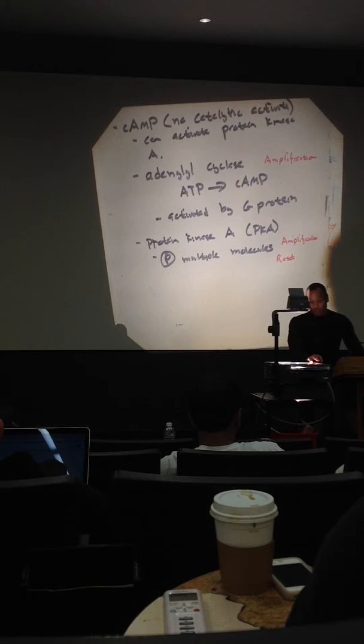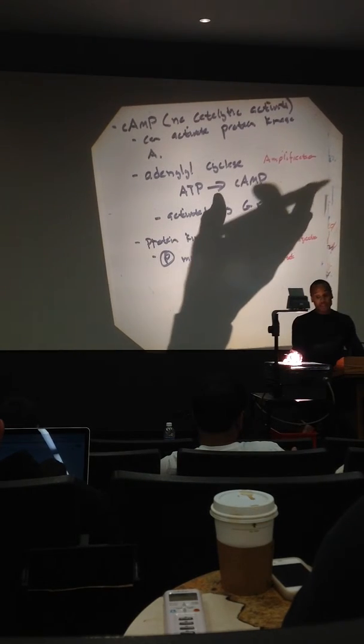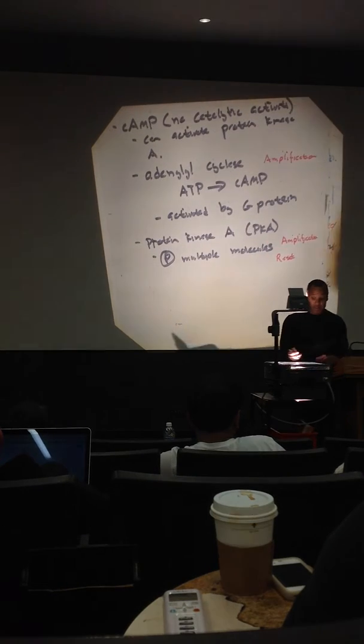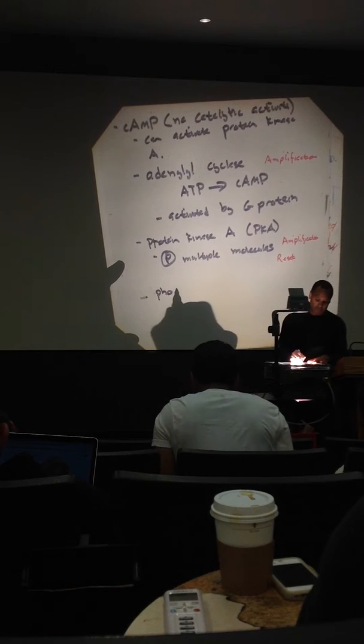And the final thing I want to say about this is that just like there's a molecule that creates cyclic AMP, adenylyl cyclase, there is a molecule that destroys cyclic AMP called phosphodiesterase.